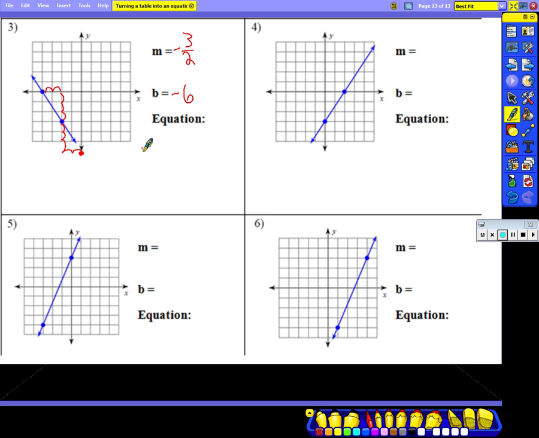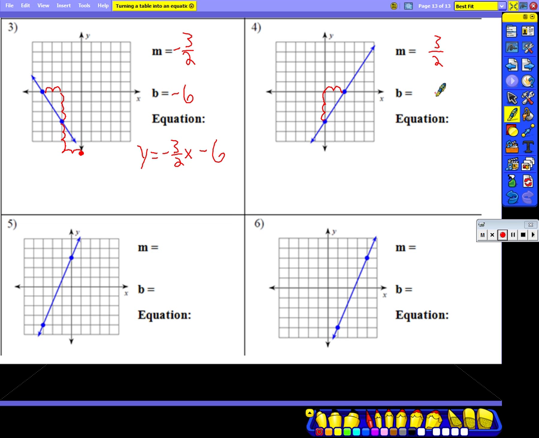Now my equation is y equals negative 3 over 2, because that's my m, my slope, x minus 6.